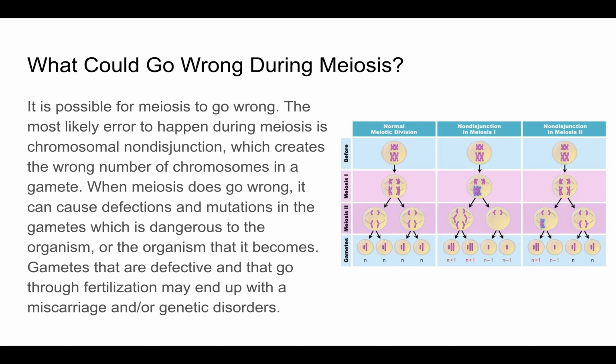And when meiosis does go wrong, it may cause defects and mutations in the gametes, which is pretty dangerous to the organism or the organism that it becomes. And the gametes that are defective and that go through fertilization may end up with a miscarriage and or genetic disorders.